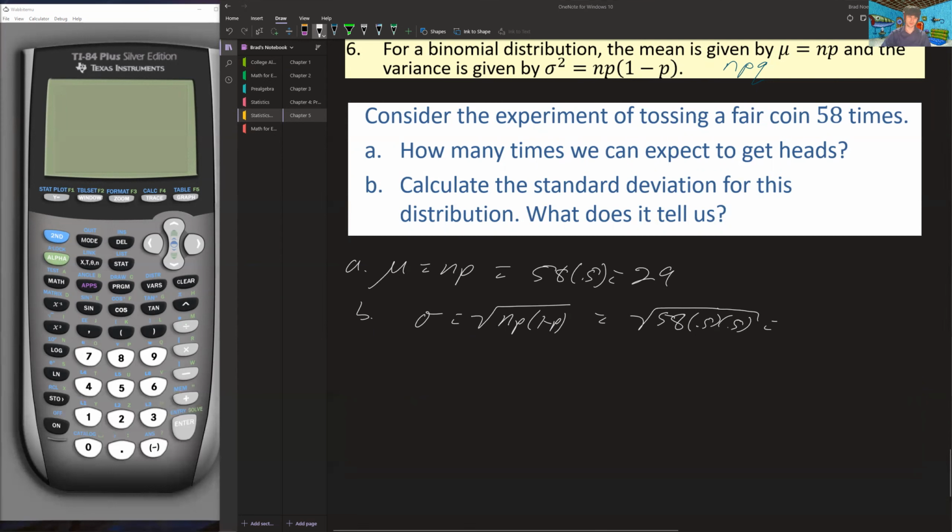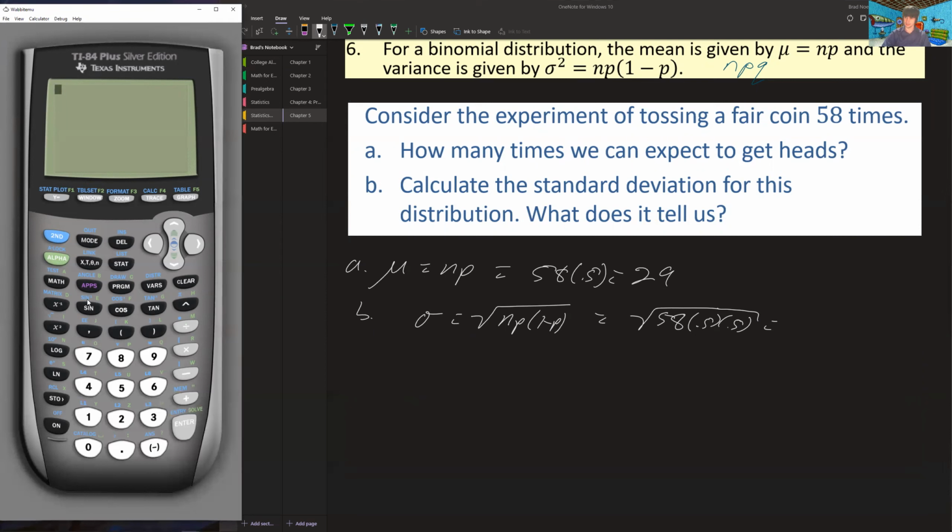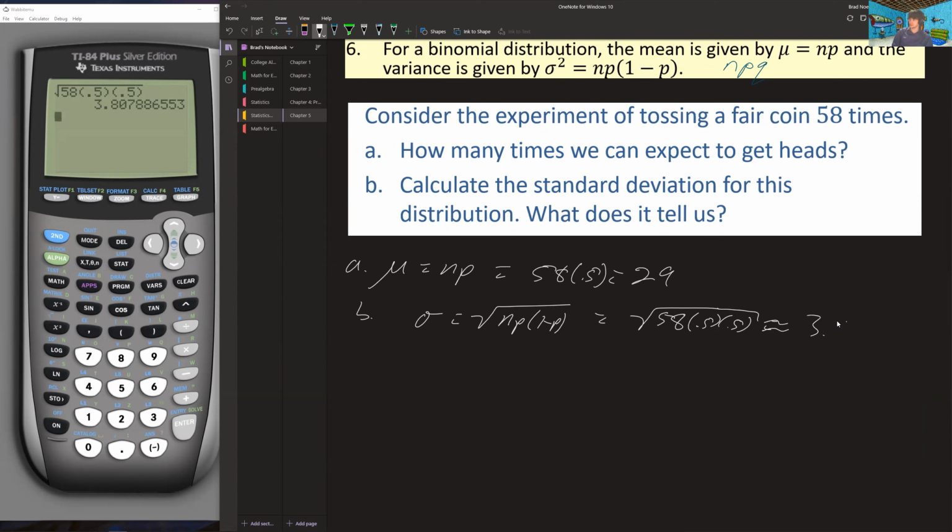So I take the square root of 58 times 0.5 times 0.5, and we get that this is approximately 3.8. Okay. So we would expect 3.8 for our standard deviation here. So it's not unusual or unexpected if it's 3.8 more or 3.8 less.